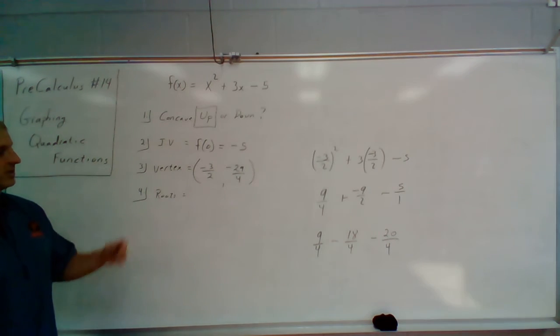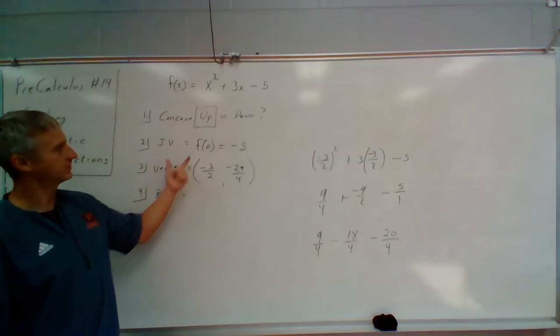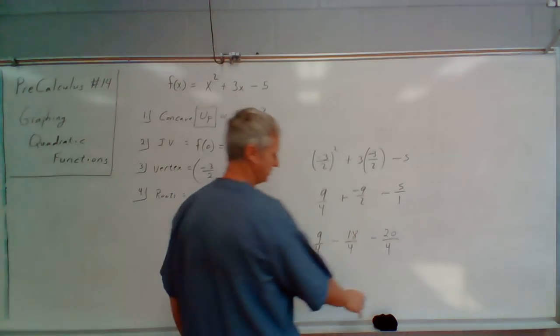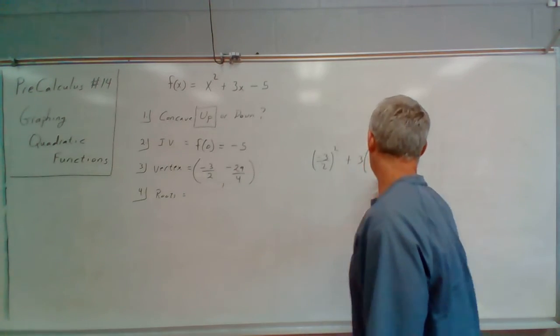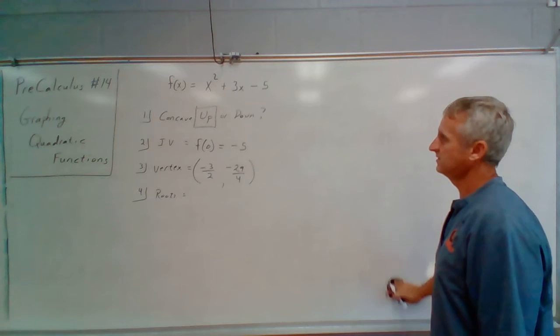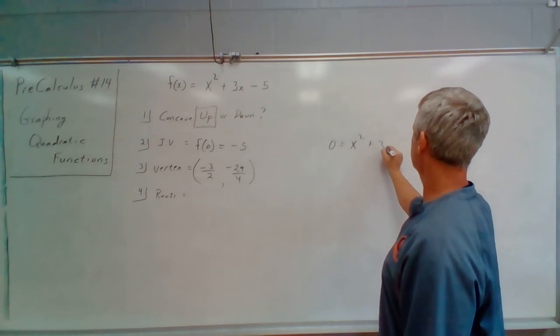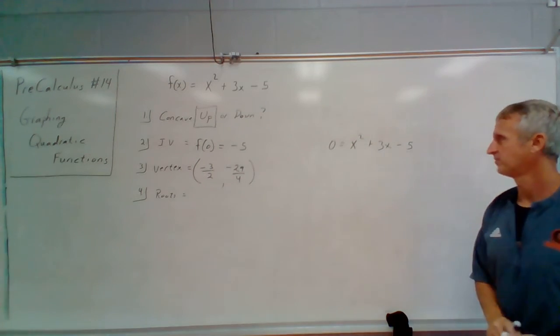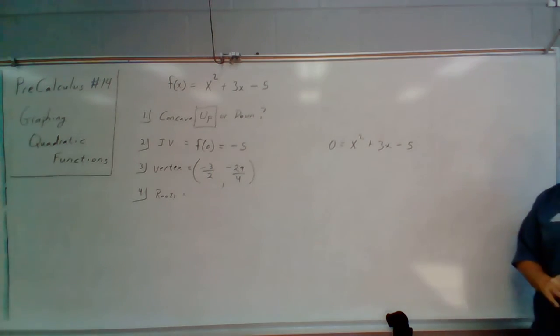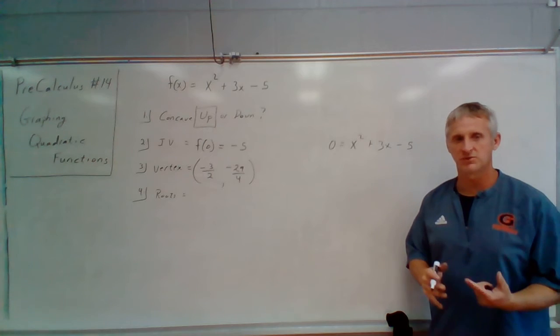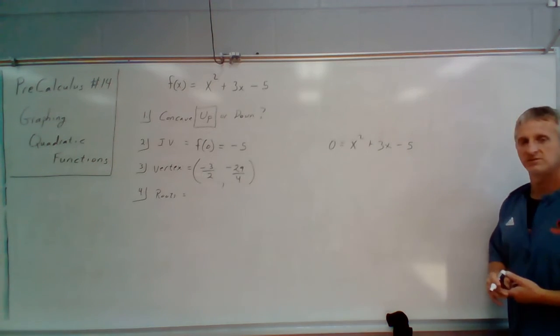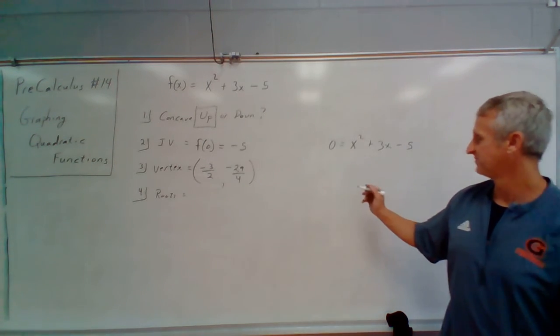Keep that in mind. All right, the roots. To find the roots, we should set the function equal to 0. So 0 equals x squared plus 3x minus 5. And this one won't factor, so we can either complete the square or we can use the quadratic formula. I like the quadratic formula.